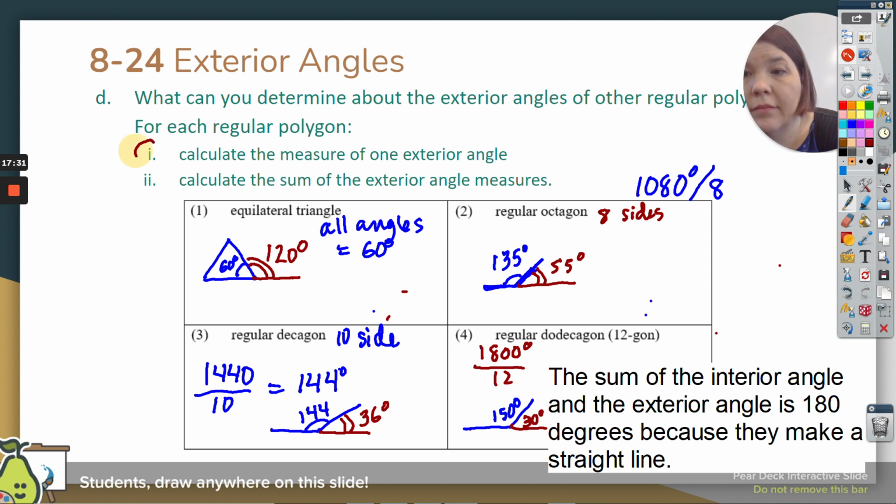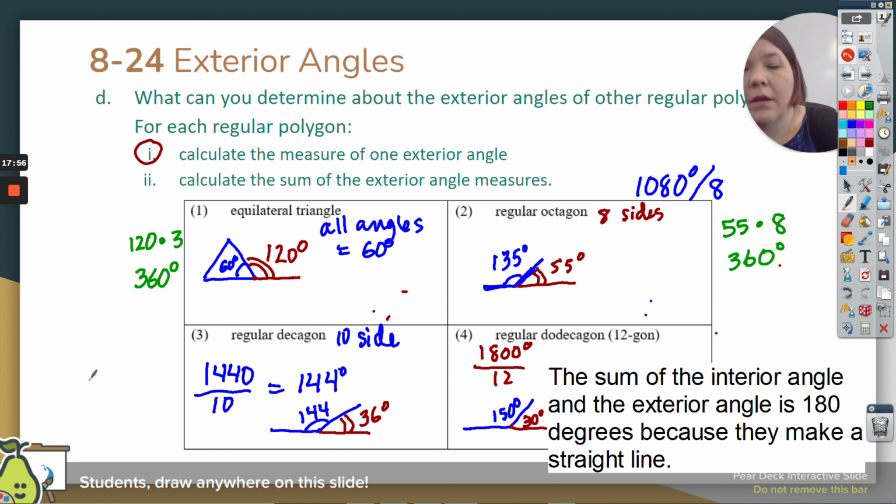Now part E is to calculate the sum of the exterior angles. By the way, regular means they're all the same. What we're going to do is take the number we found and multiply it by the number of sides. 36 times 10 is 360, and 30 times 12 is also 360.